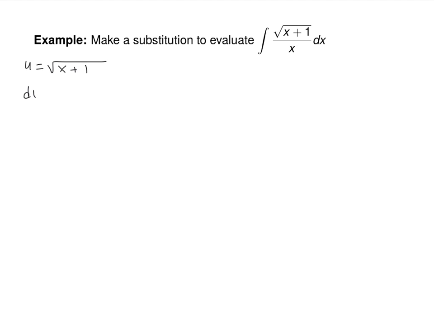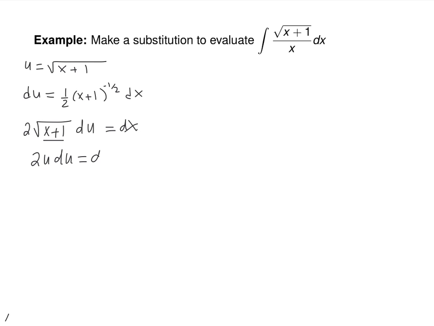And so then du is 1/2 the quantity x plus 1 to the negative 1/2 dx, or 2 roots of x plus 1 du equals dx. And this root x plus 1 is just u, so that's 2u du equals dx.